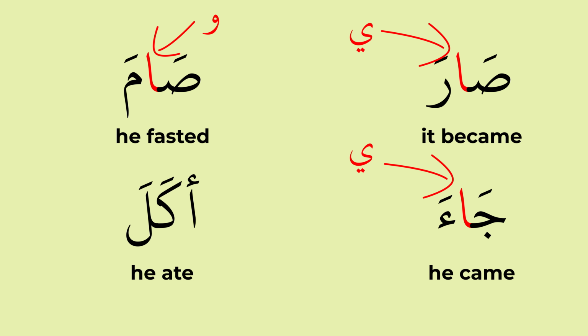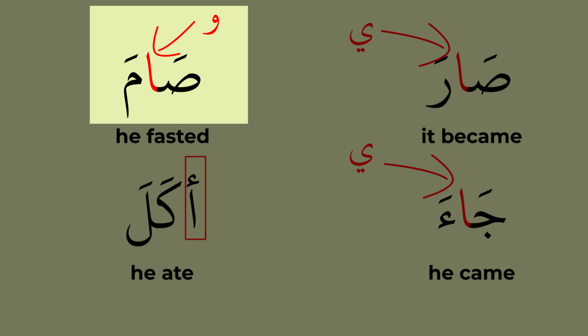In the verb akala, now we should know that that is not an alif, it's a Hamza. So the base letters of akala is Hamza, Kaf, Lam. The base letters of Ja'a is the Jim, the Ya. So this alif represents the Ya, and then we have the Hamza as the base letter.